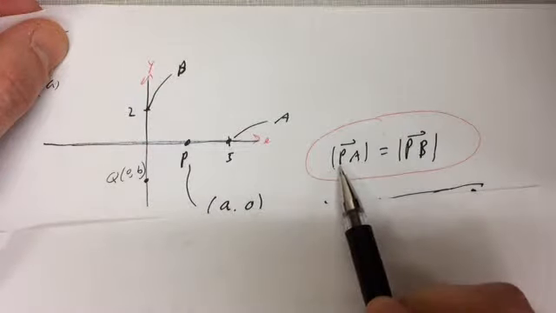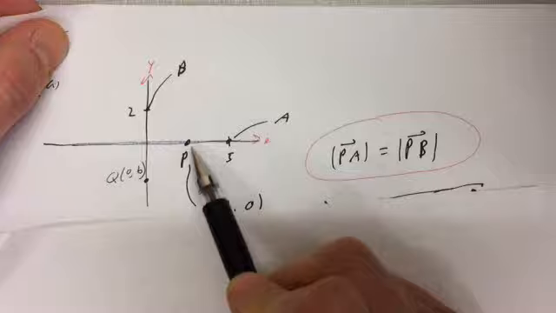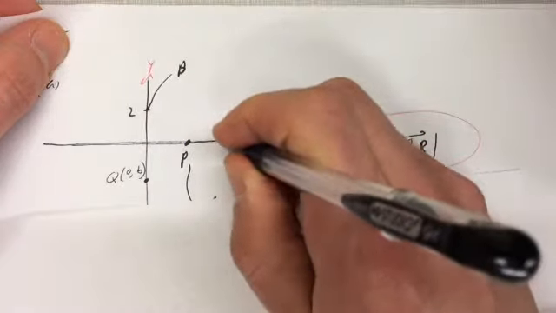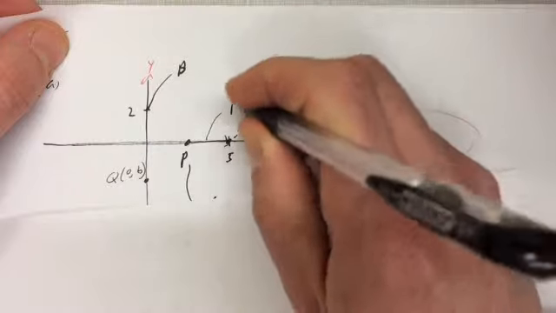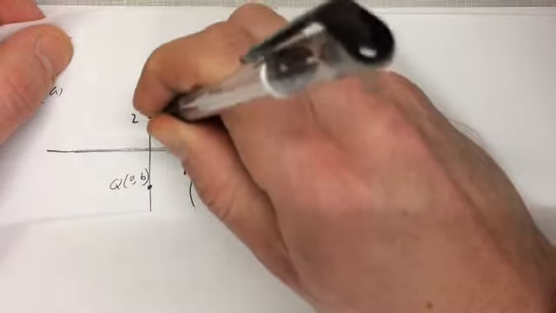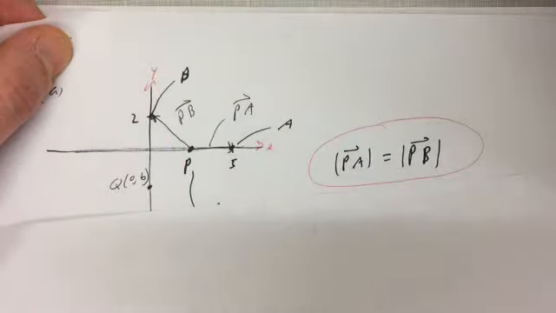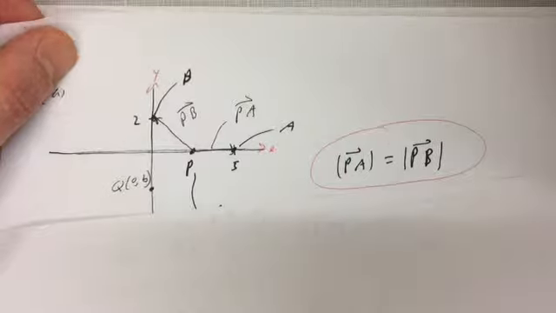So in other words, we have the magnitude of vector PA, that's that one there. Okay, so there's PA. And PB, there's PB. The magnitude of those vectors must be equal.